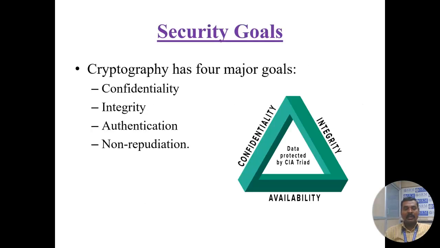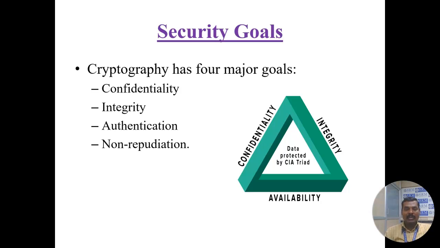Right? So we follow the CIA triad rule. These are some security goals for cryptography. Let me tell you what cryptography is: it is the art of securing messages or information.